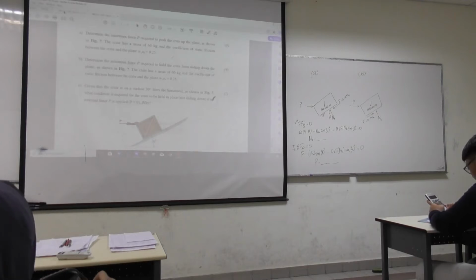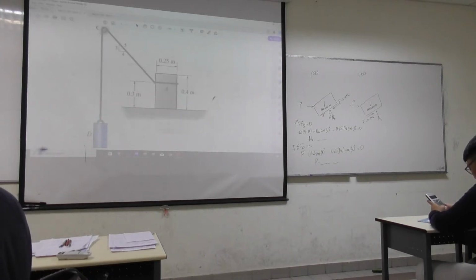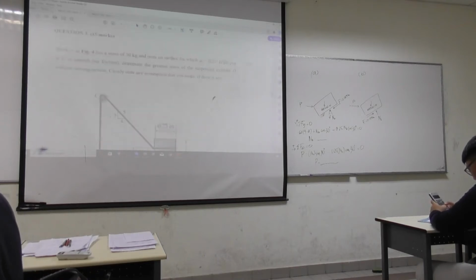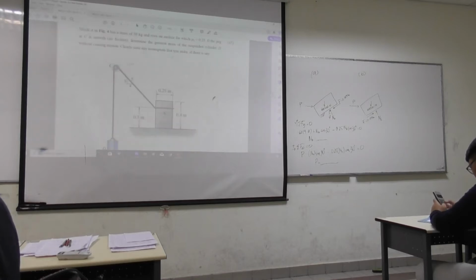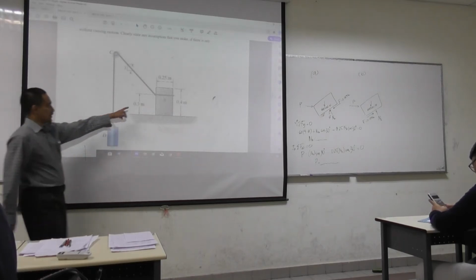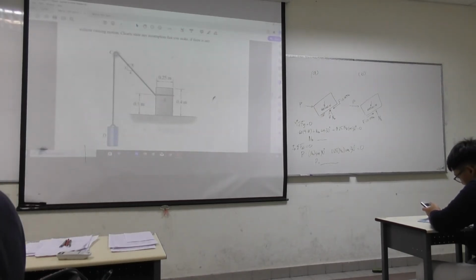Alright. So to the final question from the previous exam, basically there's a block here, there's a cable tied to the block, and then it goes down, there's a weight there.